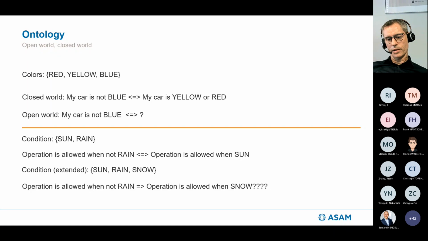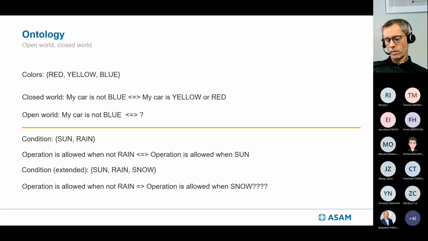The same is true when you have some kind of condition, sun or rain, and I have this also from OpenDDD. When you say operation is allowed when not rain, it's the same as saying operation is allowed when sun. This is perfect when you are in a closed world.